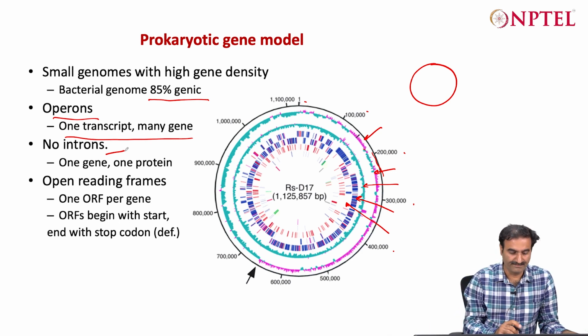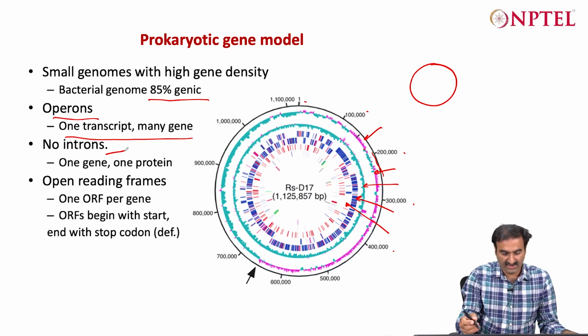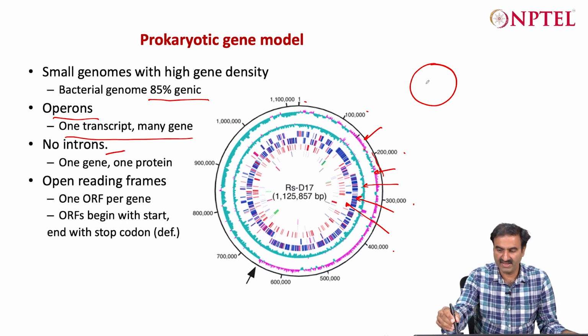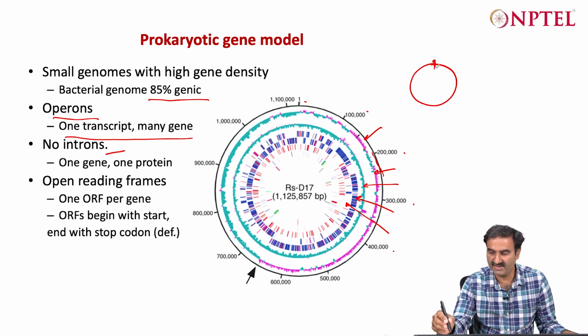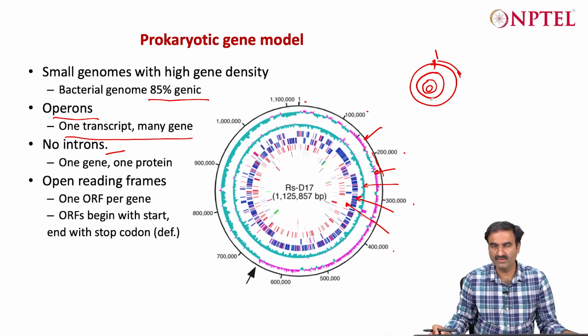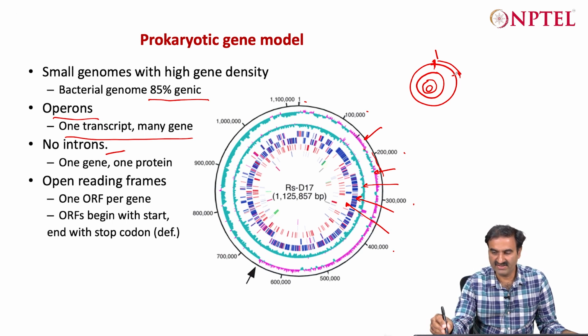Right. So now, as I said, it is a circular representation. For example, the first circle can represent the base pairs from the start to the end, and the other circles could be the number of genes, the pseudogenes, and the GC content. This way we can represent information in circles, which is easier to see, because now I can say what the gene is at this position and what the GC content is here.